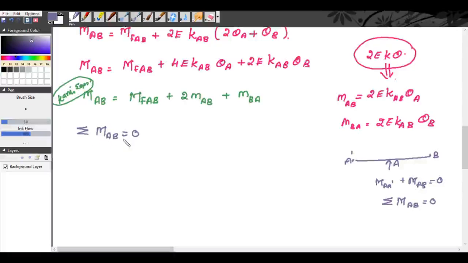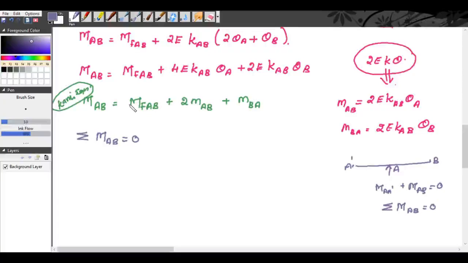So if sigma AB is equal to 0, for simplification we are considering only one member joining at A. Sorry, not like that, it is sigma B, because for this case B is the common destination.